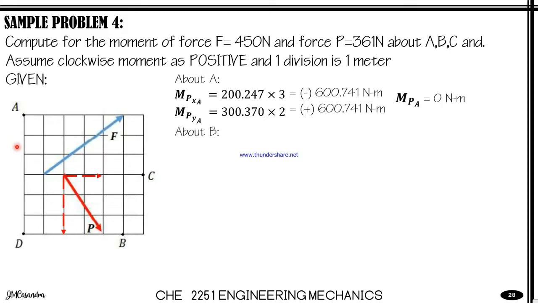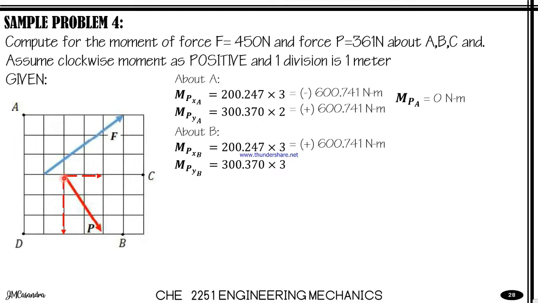Next, we have about B. So, for the x component, it is 1, 2, 3 meters away. So, we'll have 200.247 times 3. And for the y component, it is 1, 2, 3 meters away from the pivot point B. So, for the x component, it will cause a positive rotation. So, it will give us positive 600.741.